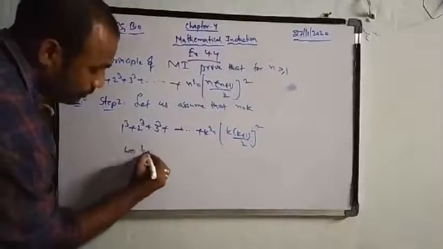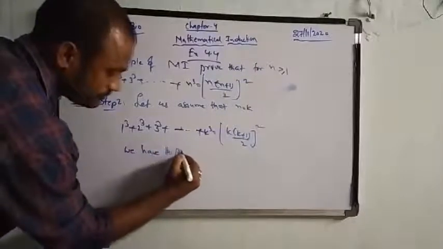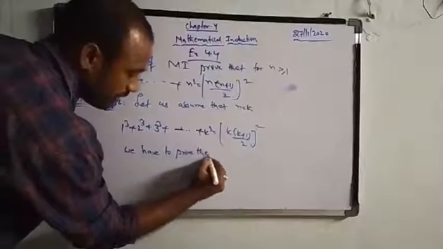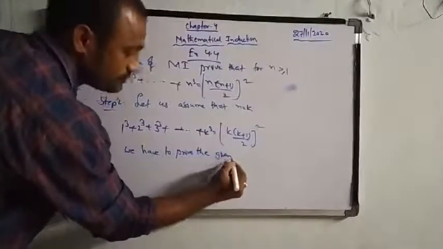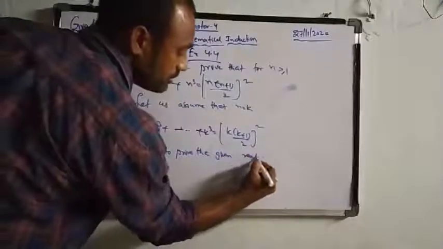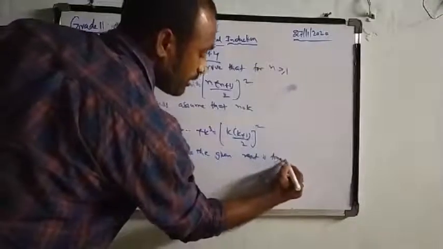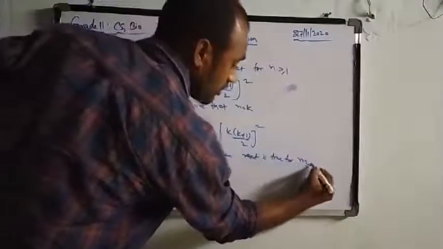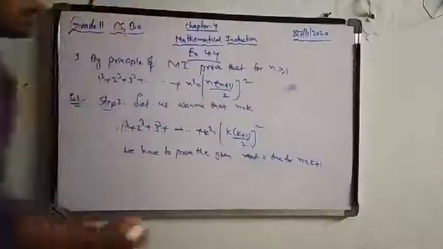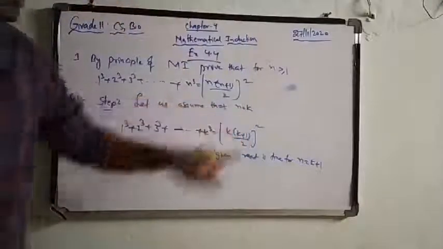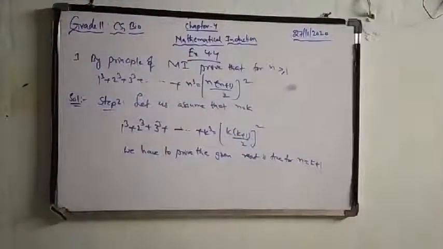Now we have to prove the given result is true for n is equals to k plus 1. So we have proved that the given result is true for n equals to k. Now we have to prove that given result is true for n is equals to k plus 1.